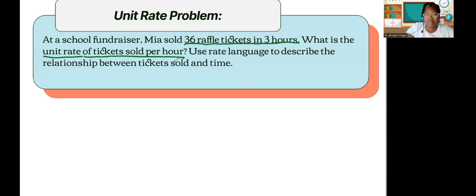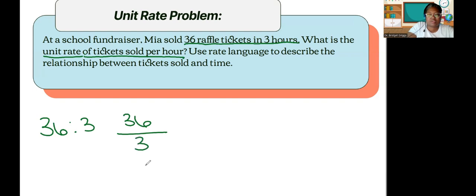And when we're trying to make a unit rate, that unit needs to be 1, because that's going to help us to know per however many of that unit. So we can write this ratio 2 ways. We could say 36 to 3, or we could say 36 over 3.